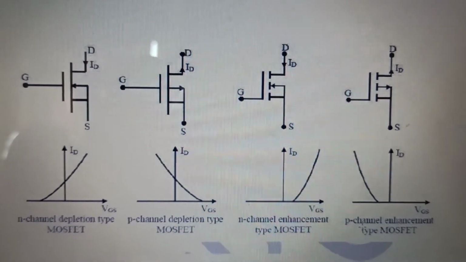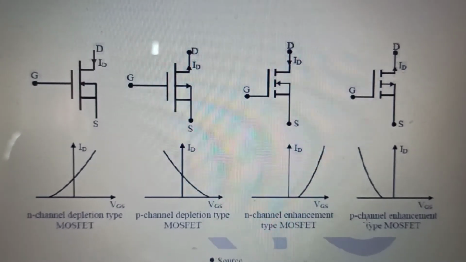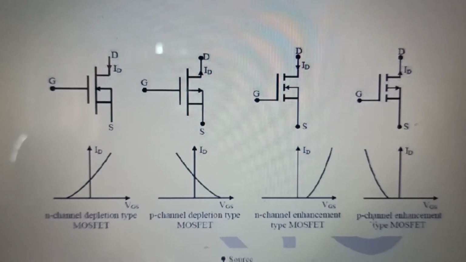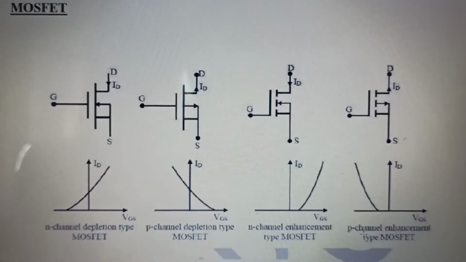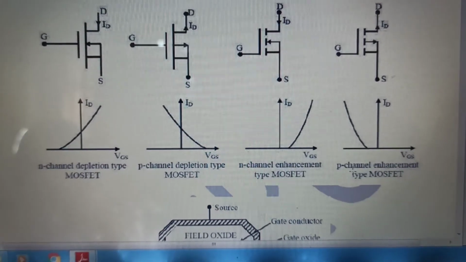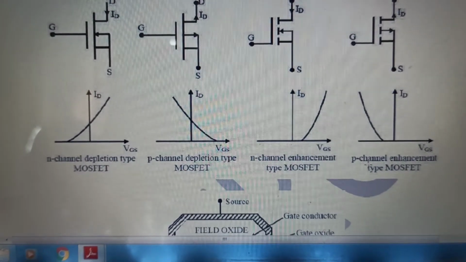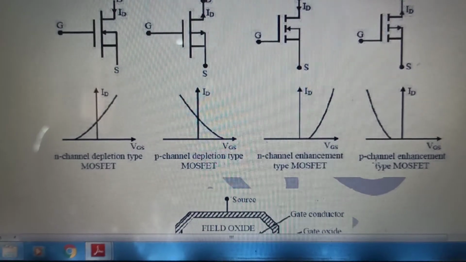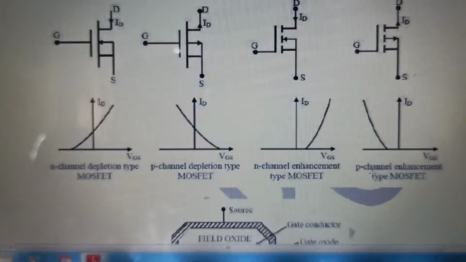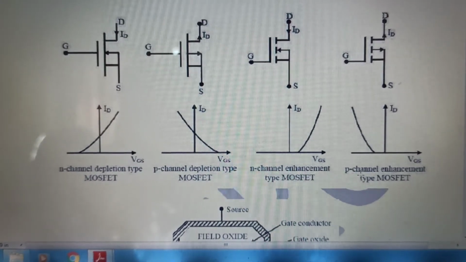Now, most of the MOSFETs that we use are the enhancement type. The basic difference between an enhancement type and a depletion type MOSFET is that in the enhancement mode, the channel width increases as we go on increasing the gate source voltage, so the channel is enhanced. Hence it is termed an enhancement type MOSFET.